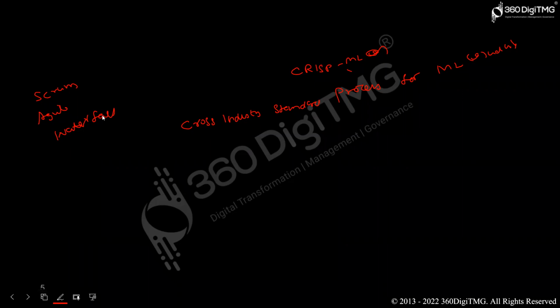There are multiple project management methodologies, each following their own procedure. But when it comes to data science, we follow a standard project management methodology that is called CRISP-ML(Q).